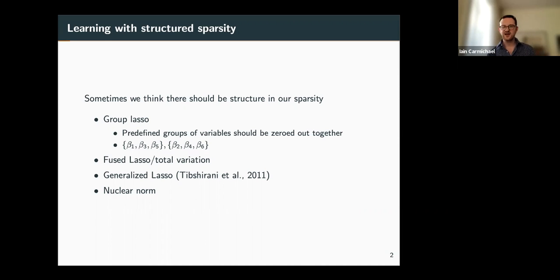So maybe I think either my even variables should enter the model together, or my odd variables should enter the model together. And there's a variety of other structured sparsities, like the fused Lasso and other Lasso generalizations. Or maybe I think my sparsity should be in the singular values of some matrix, the nuclear norm.